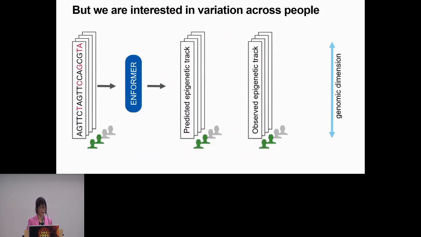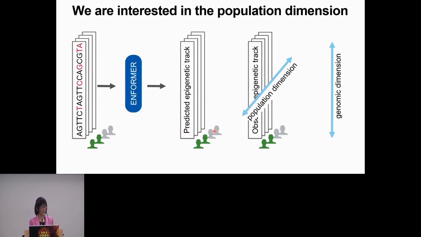I want to know whether a person that has a disease, let's say, versus a control person, have different expression levels or different chromatin accessibility and so on. So I am interested in the orthogonal dimension, right? For a method that has been trained to maximize correlation across the genome, there's really no reason, statistically speaking, that it will do well to predict variation across individuals.